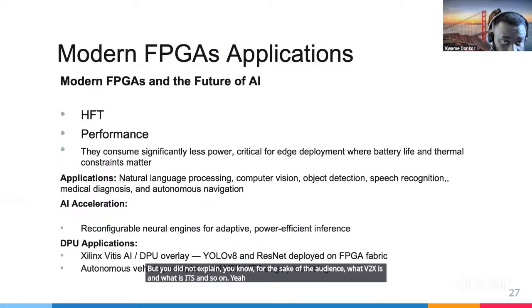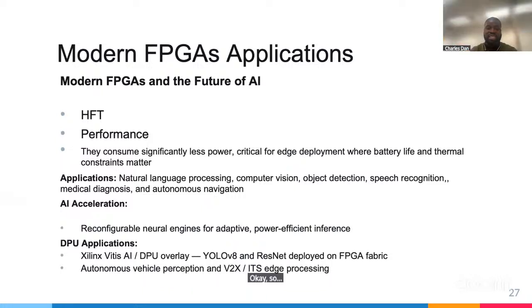Okay, so V2X is vehicle to everything. The X in the V2 can be a pedestrian, a vehicle, or a roadside unit. A roadside unit is a device mounted at the intersection.